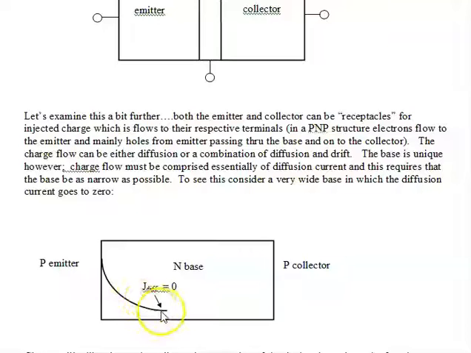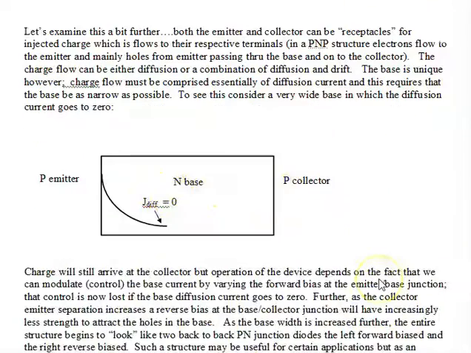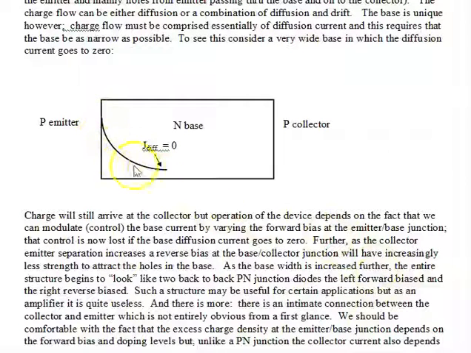If the excess charge concentration goes to zero, the slope goes to zero, and therefore the diffusion current goes to zero. So from this point on, it's all drift. But the idea is this current here is modulated, is changed by the base injection of electrons. I make the forward bias a little bit larger, and therefore the current goes up.